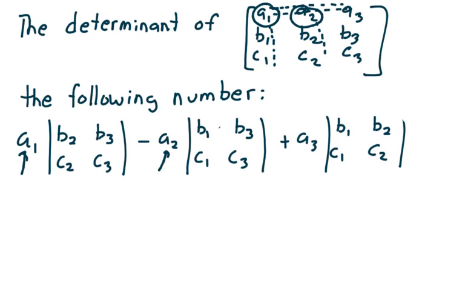And then we're going to add A3, multiplied by the determinant of the resulting matrix. To get that matrix, we eliminate the row and the column that contains A3. So we take A3 and multiply by the determinant of B1, B2, C1, C2.